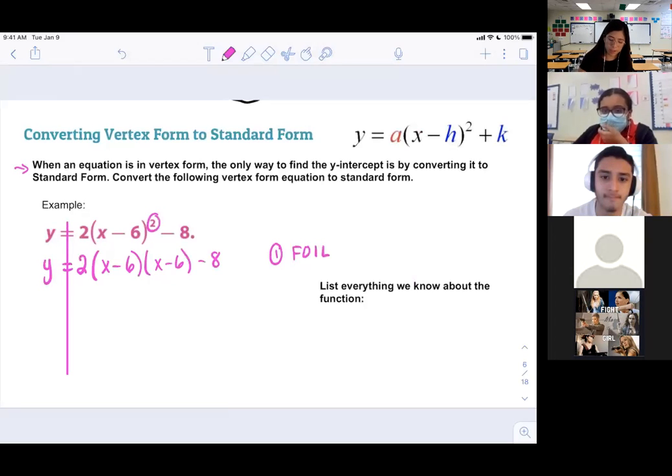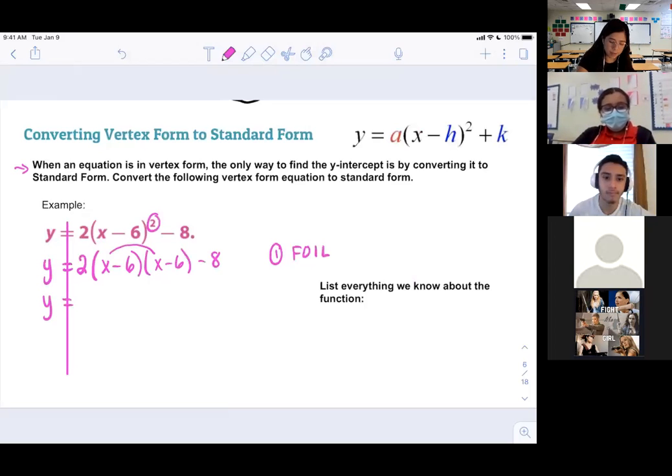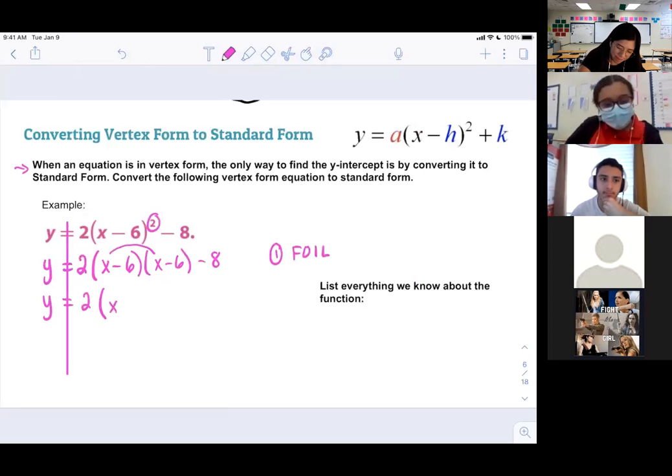We're gonna FOIL. Y'all ready? Perla, first, x times x, what's that? X squared. 2x is x plus x.